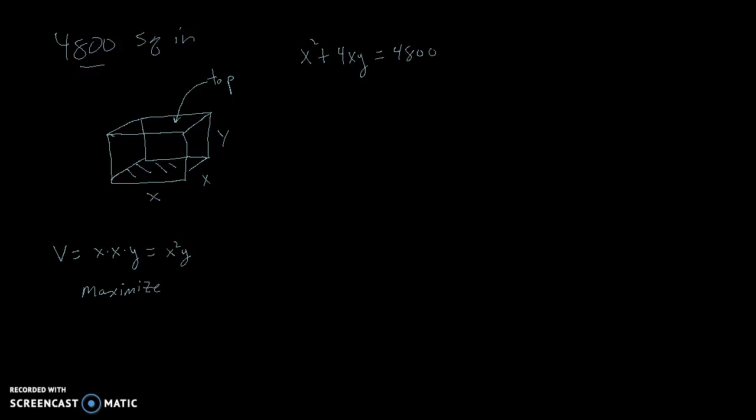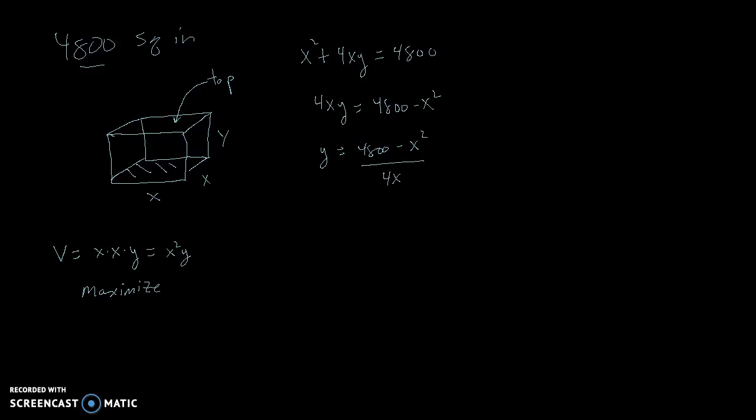And we can solve this somewhat complicated equation here for y. So let's do that. 4xy is equal to 4,800 minus x squared. And then if we divide by 4x, y is equal to 4,800 minus x squared, that quantity, divided by 4x.